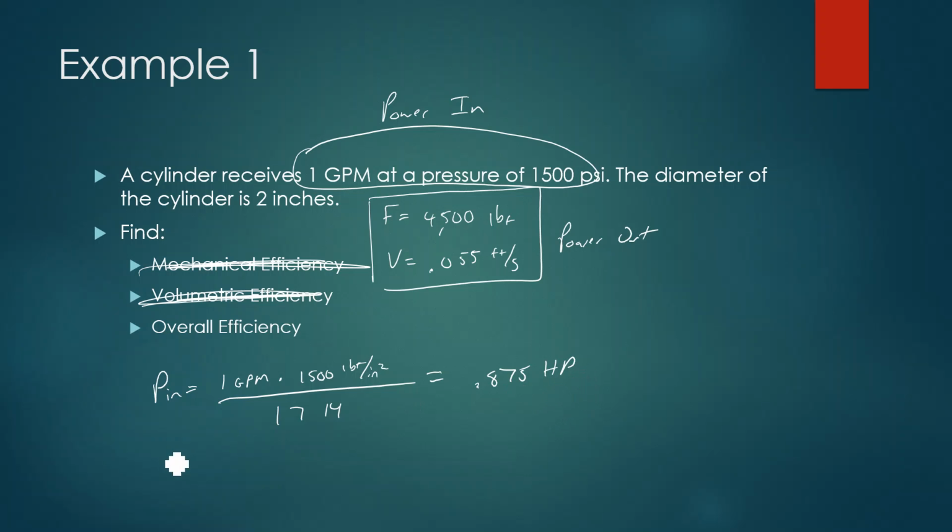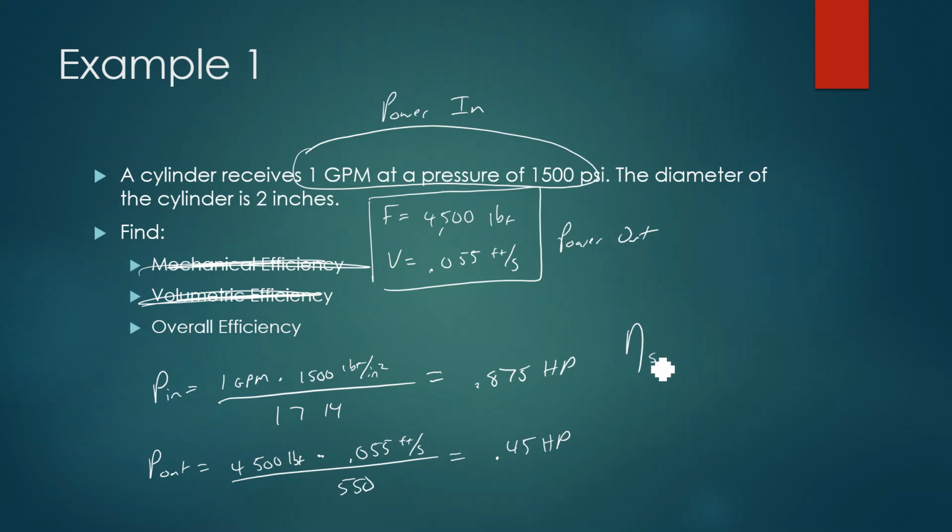And this is hydraulic horsepower, so power out will be mechanical horsepower, and it's going to be 4,500 pounds of force times 0.055 feet per second. And we're going to divide this by 550 because we've got to do that for horsepower. We get 0.45 horsepower.